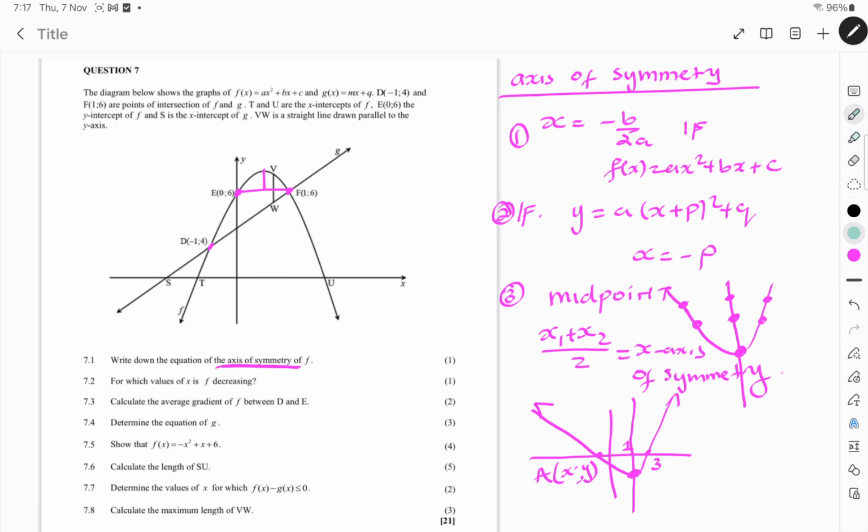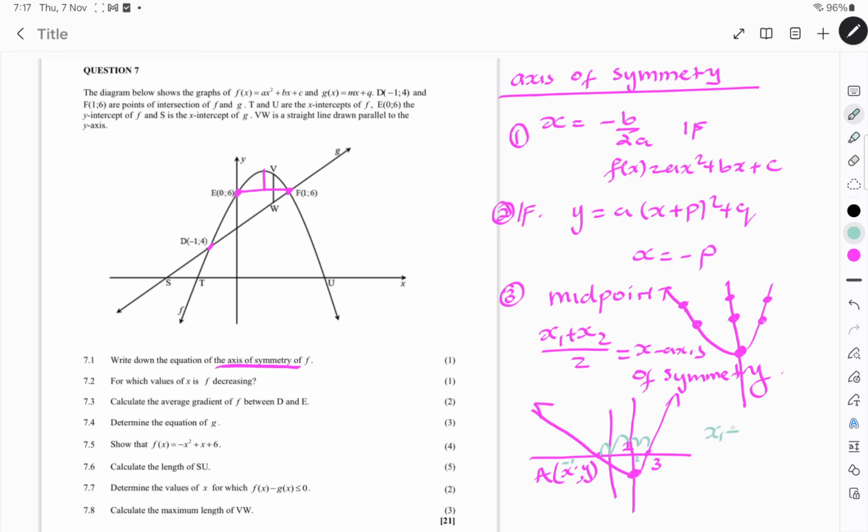It means I know that I have traveled from 2 to 3. So I traveled 2 units. So to go this side to A, I need to travel 2 units. So this will be 0 and then minus 1. So this will be at negative 1.